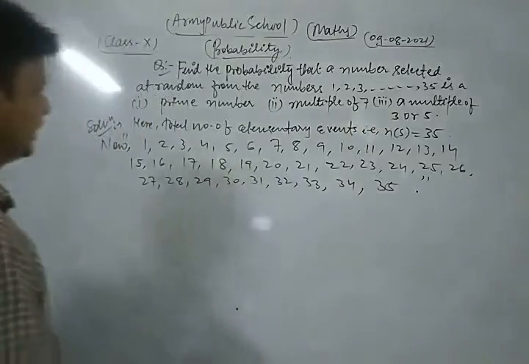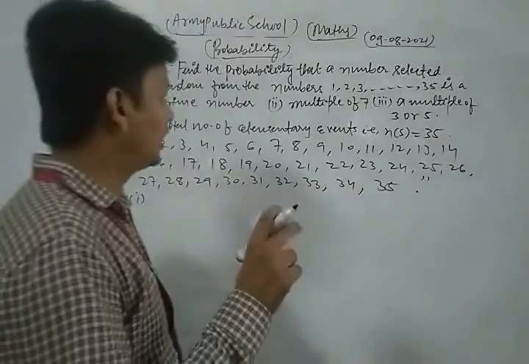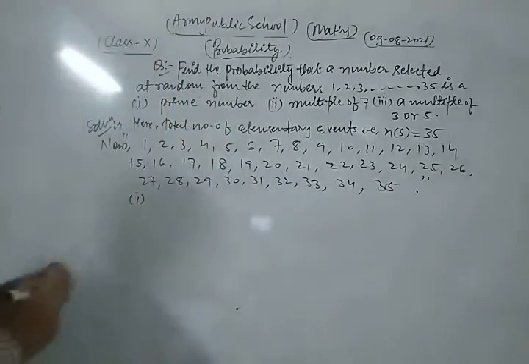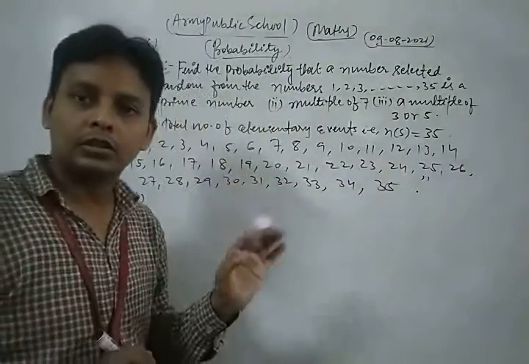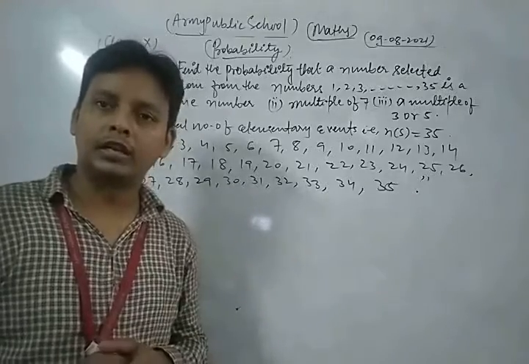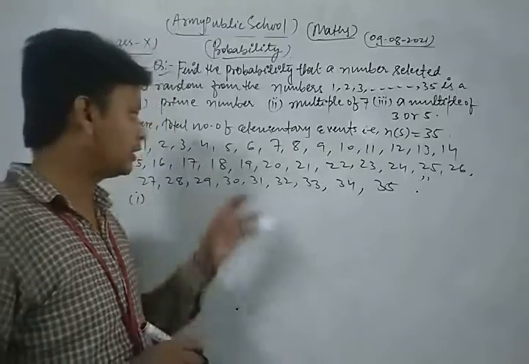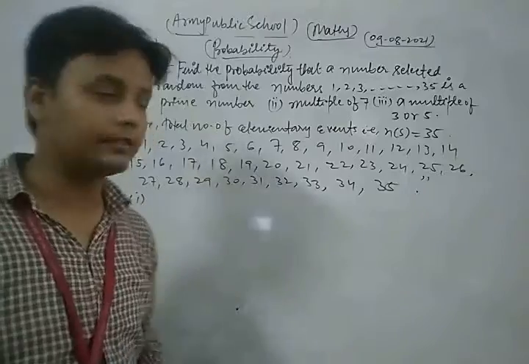Okay, now we solve the first part of this question. A number is selected at random and we find the probability that it is a prime number. So the number of favorable outcomes of the elementary events is what?